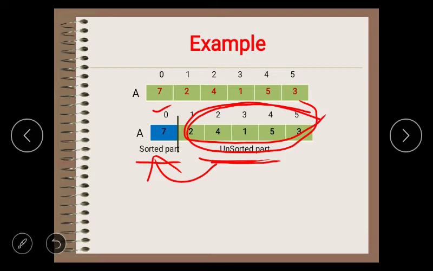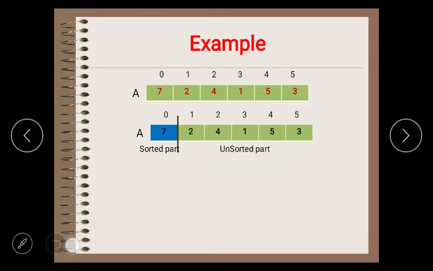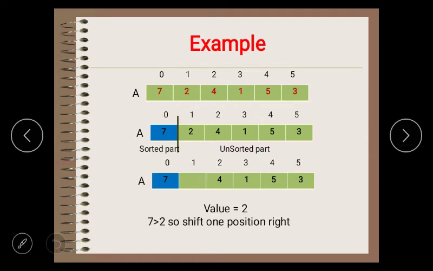So first, let's take the first element from the unsorted part, that is 2. Take the 2 into the variable value and compare it with the sorted part. Is 7 greater than 2? Yes, so we need to shift it one position to the right.